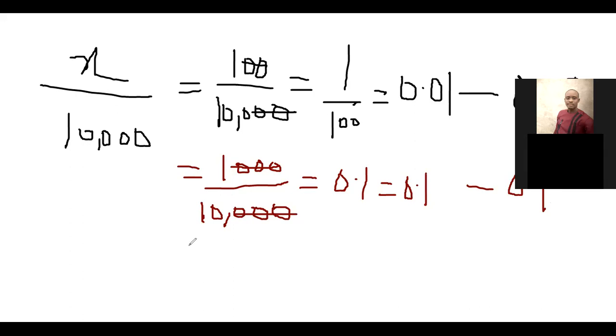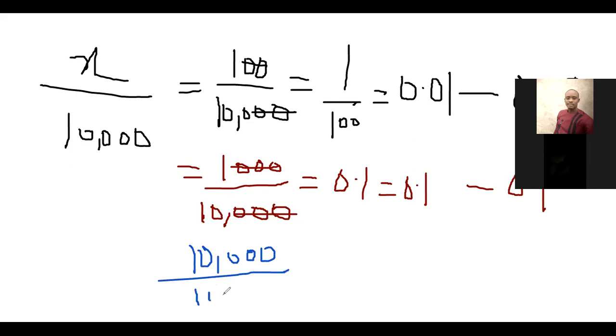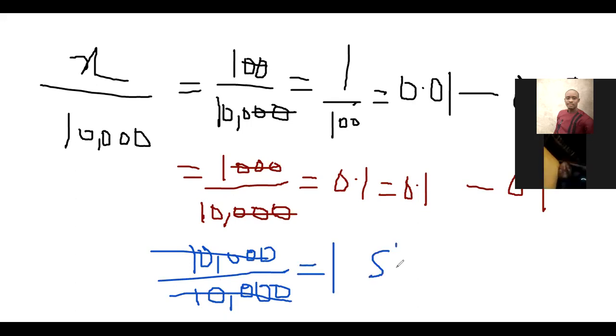What if you want to trade with $10,000 and above? $10,000 over 10,000 is 1. So this is a standard lot size.